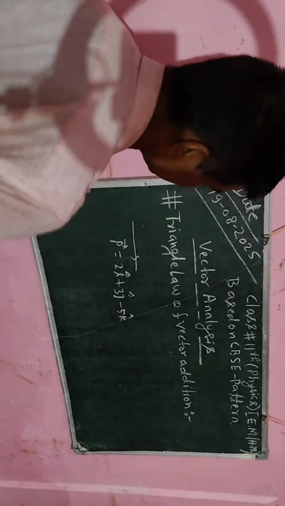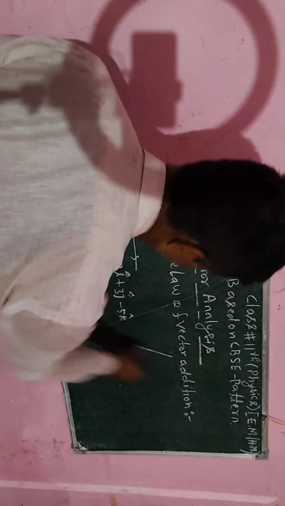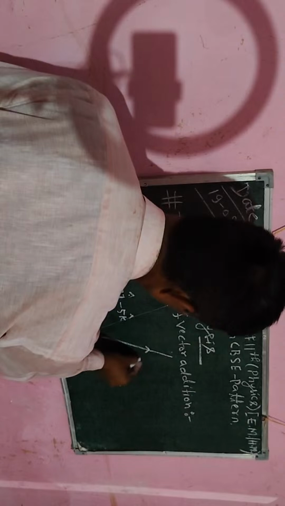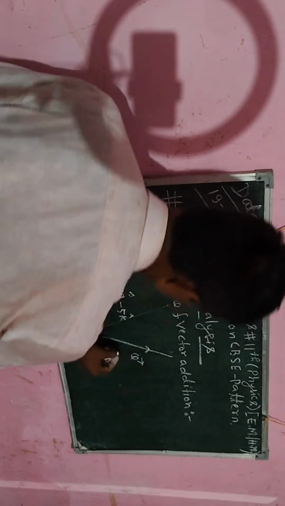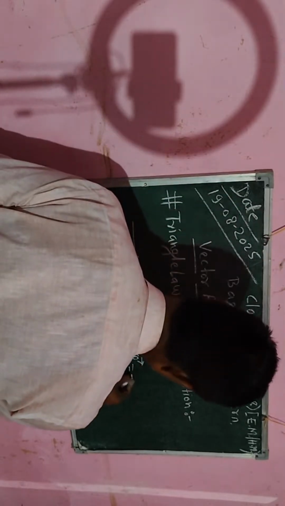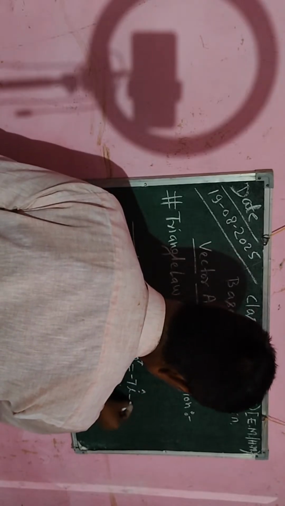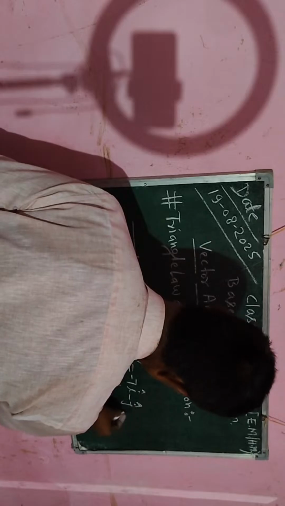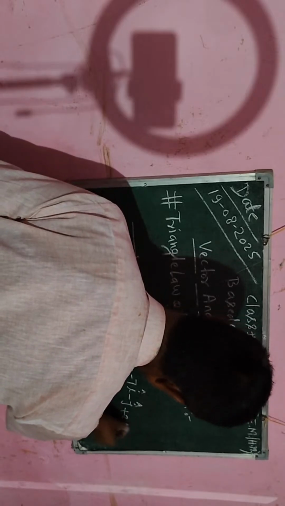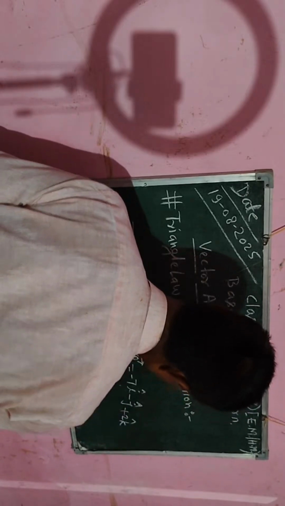Another vector I am considering is the vector Q, and its value is written as minus 7 vector i minus vector j plus 2 vector k.